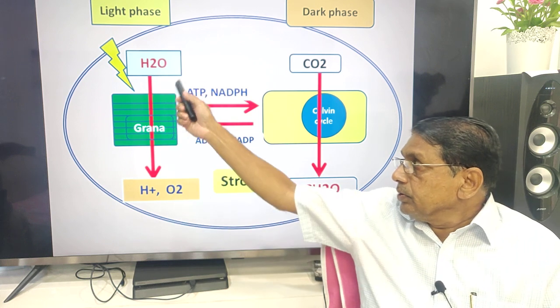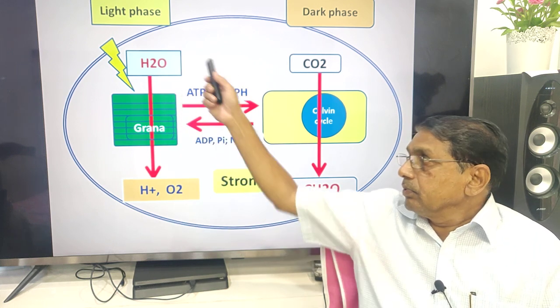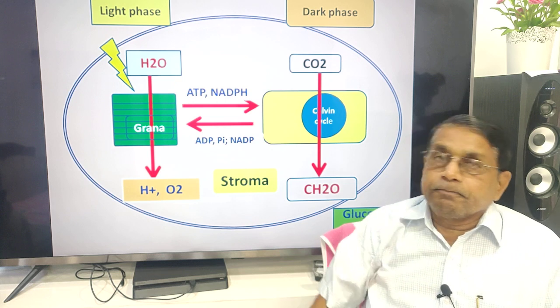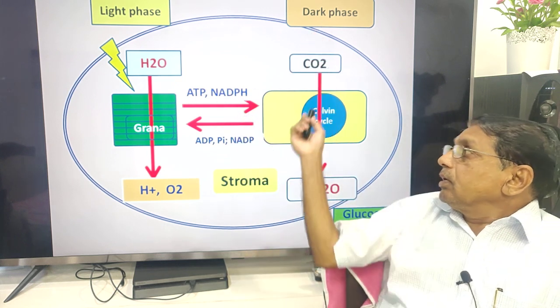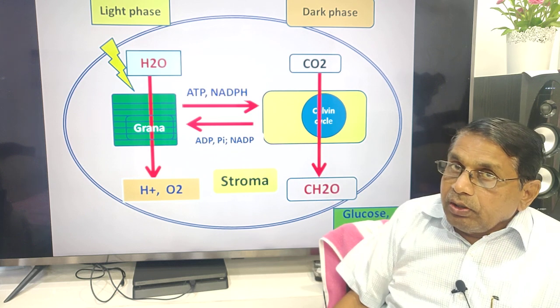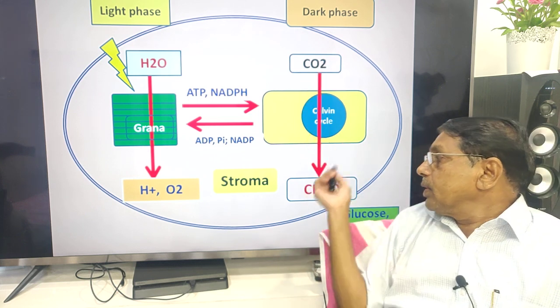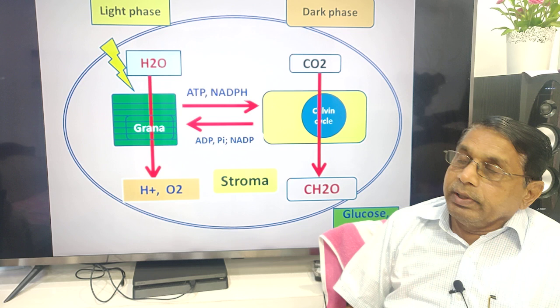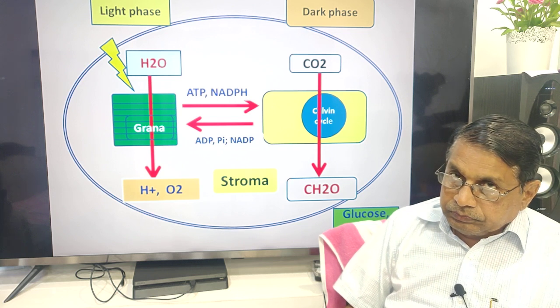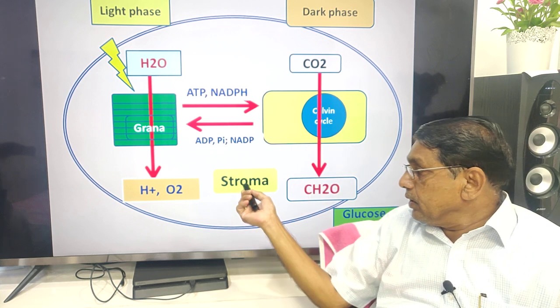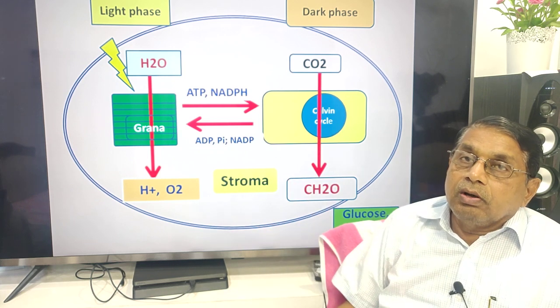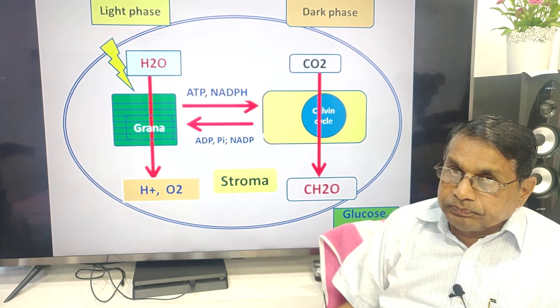Now, these are the products of the light phase reactions. These are required for the dark phase reactions in order to reduce carbon dioxide to a carbohydrate. These reactions take place in the stroma of the chloroplast.